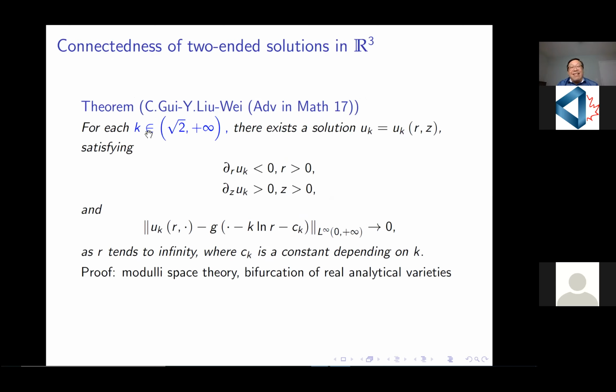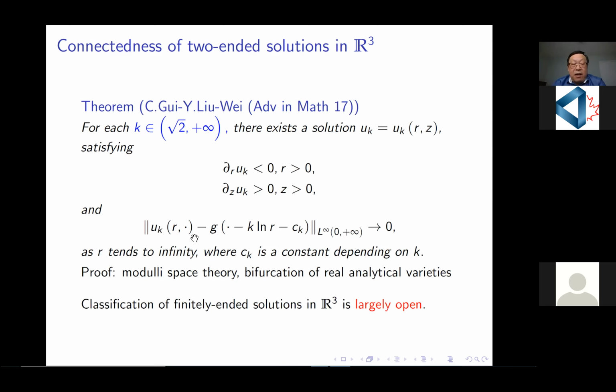We prove that for each k in between square root of 2 and plus infinity, there is such a solution with two ends. The proof is quite complicated because we cannot do this nodal perturbation result. It is based on moduli space theory and the bifurcation of real analytic varieties, and it is not a perturbation result.